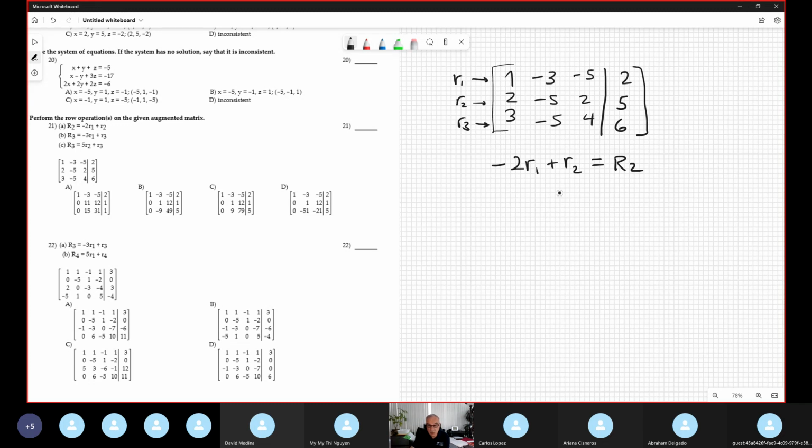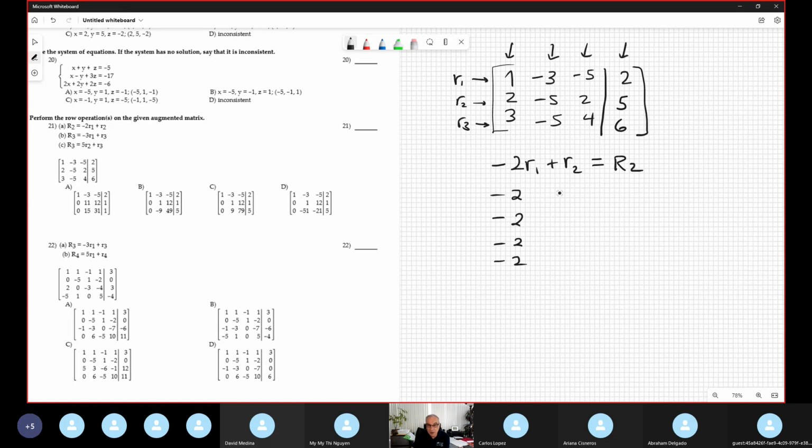So let me try to do at least one in detail. For example, -2 is common. I copy -2, -2, -2, -2, 4 times. Why 4 times? Because we have 4 columns: column 1, column 2, column 3, column 4.